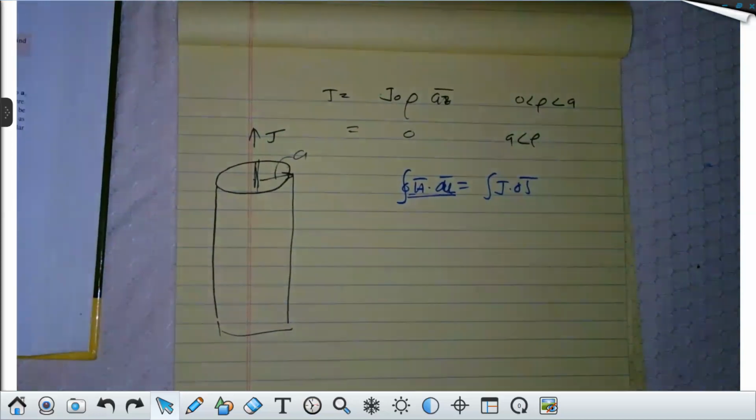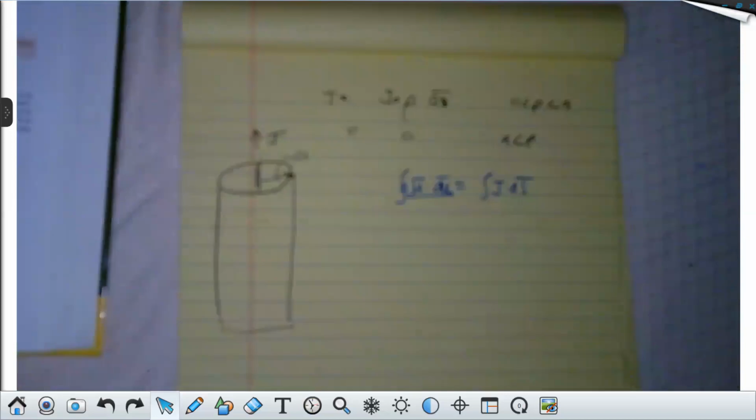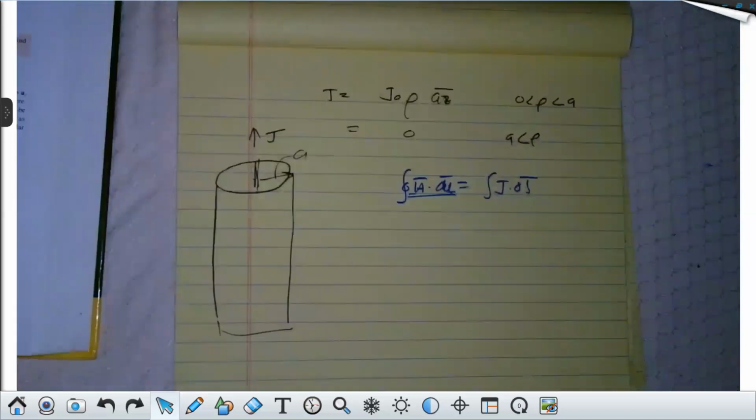Remember, in cylindrical coordinates, the integral of D dot ds on the outer cylindrical surface was always 2 pi rho times the height, right? And if it was spherical, it was 4 pi r squared. Those integrations never change.